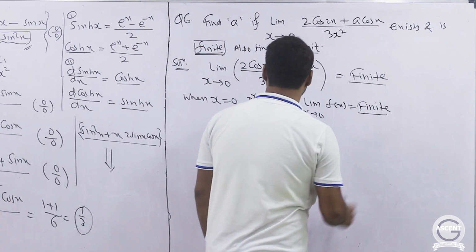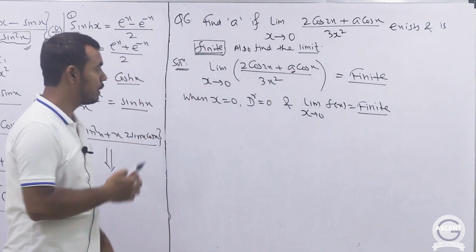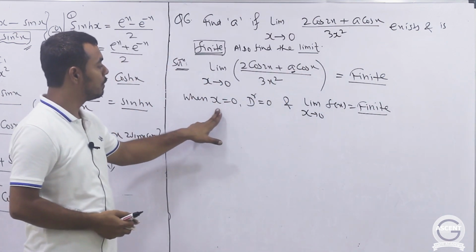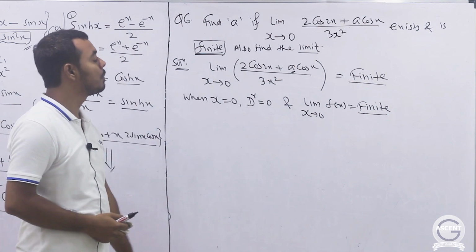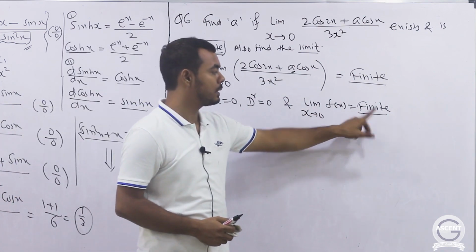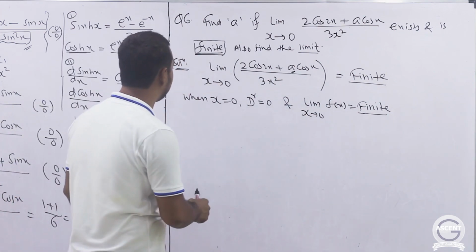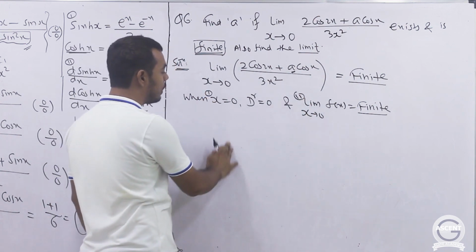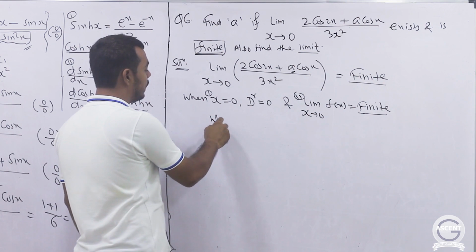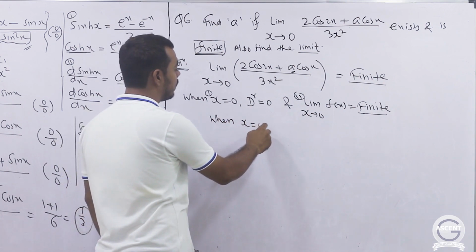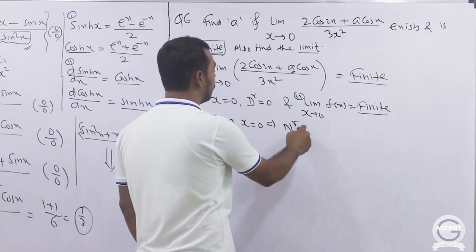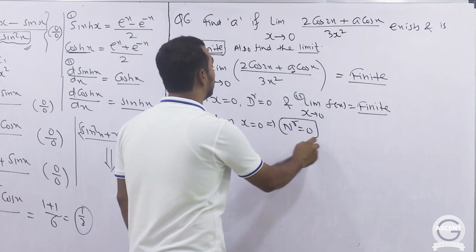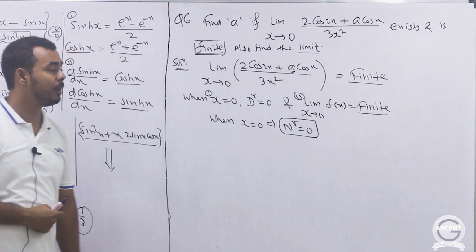Now from these two observations, first, when x is 0 the denominator is 0, and second, the value of this limit is finite, you can make a very important conclusion that when x is 0, the numerator has to be 0. Only then this limit will be finite.